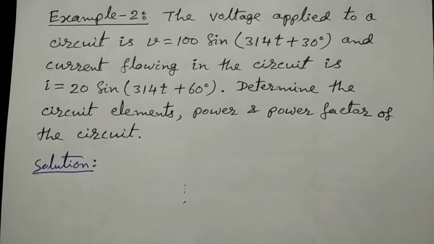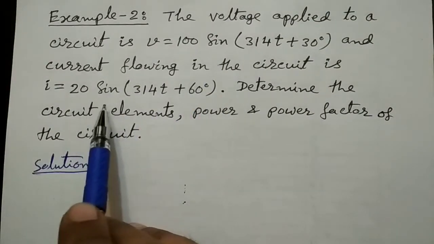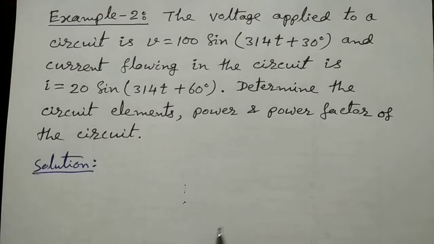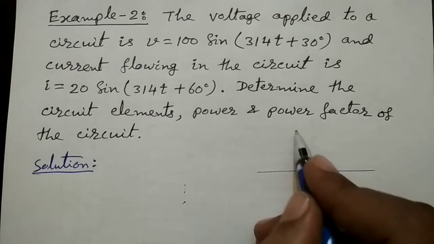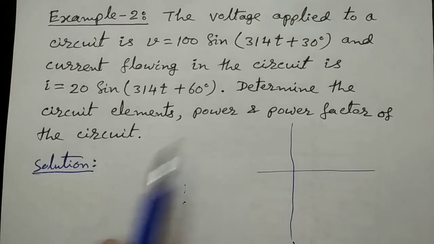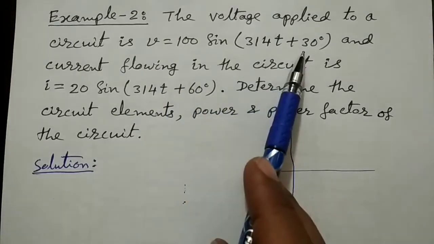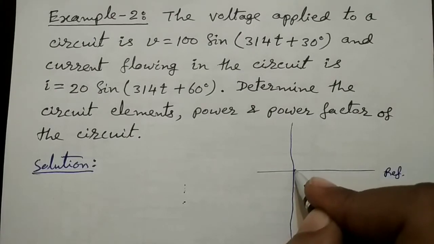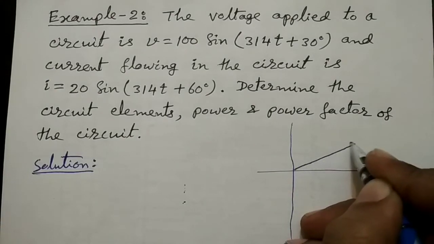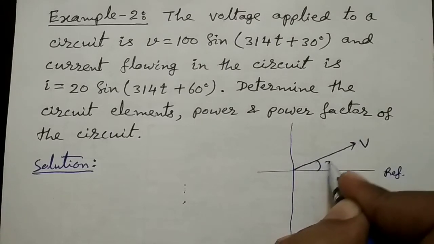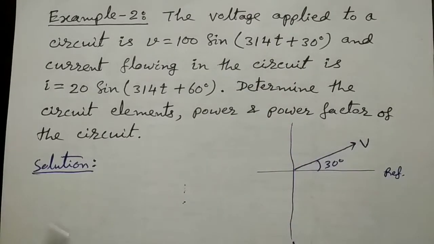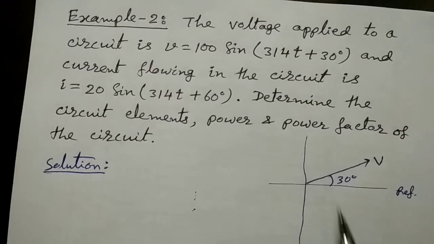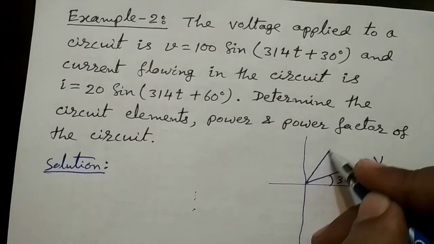Here, as the voltage and current are given in instantaneous format, it is better to draw the phasor diagram first. Here V is Vmax sin omega t plus 30 degree. That means V will be leading the reference line by 30 degree, because it is plus 30, and current is Imax sin omega t plus 60 degree, so current will lead the reference line by 60 degree.